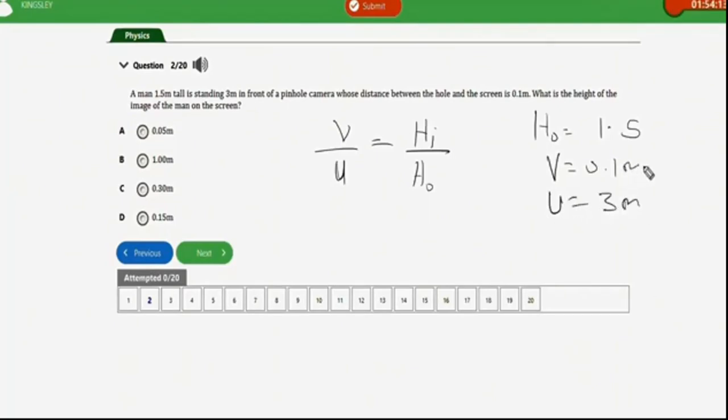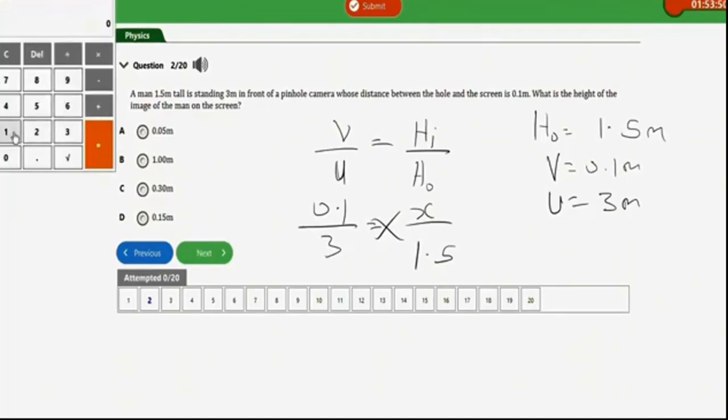These are in meters. When you plug them into the formula, you have 0.1 over 3 equals, let's call our image height x, over the object height 1.5. So when you cross multiply, let's punch this on the calculator.